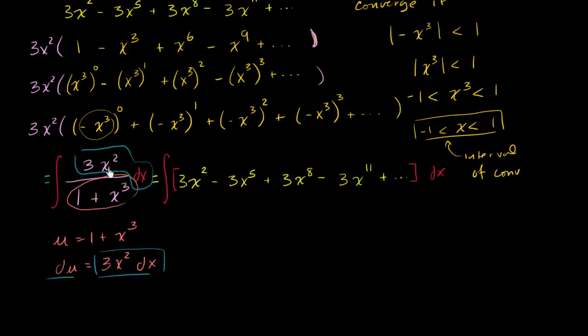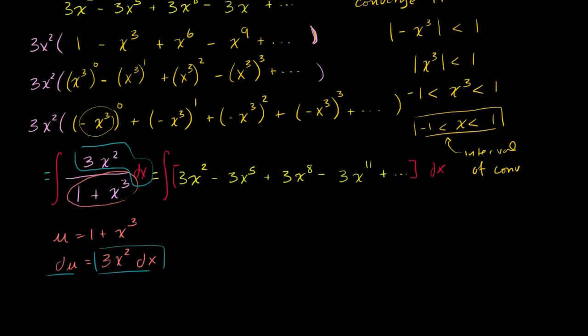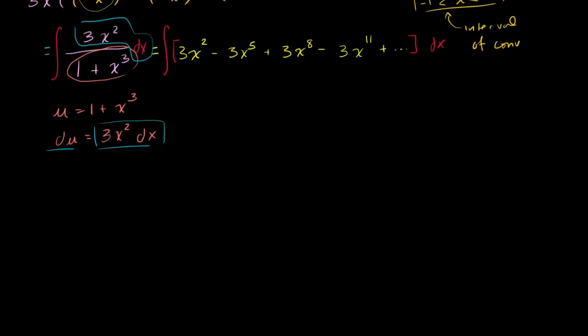So this expression right over here could be rewritten as the integral of du over u, or I could say 1 over u du, which of course is going to be equal to the natural log of the absolute value of u plus some constant.